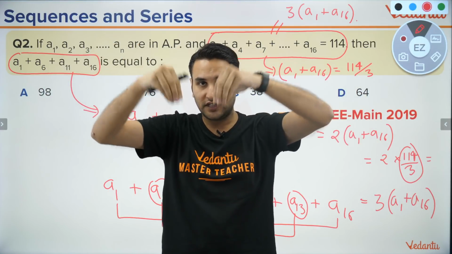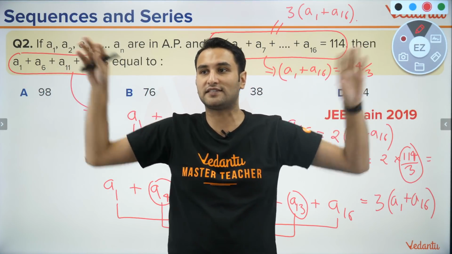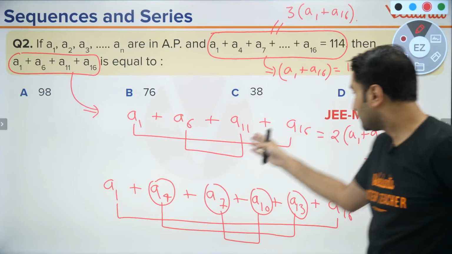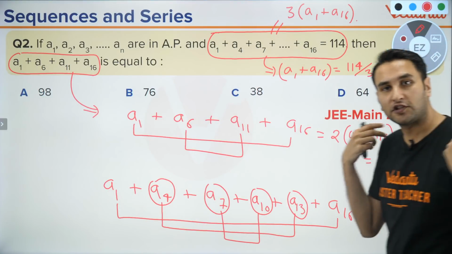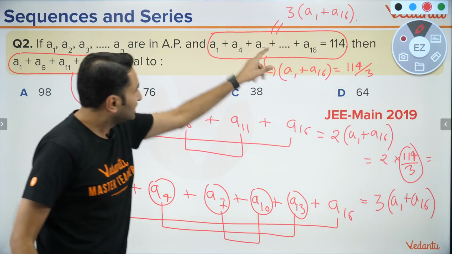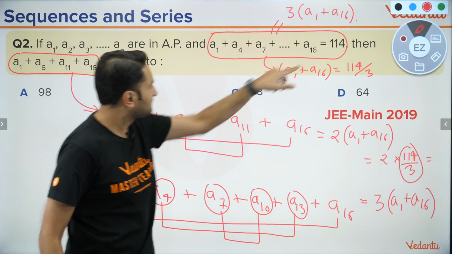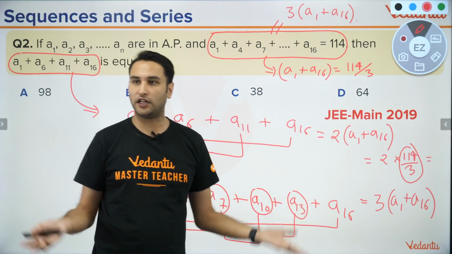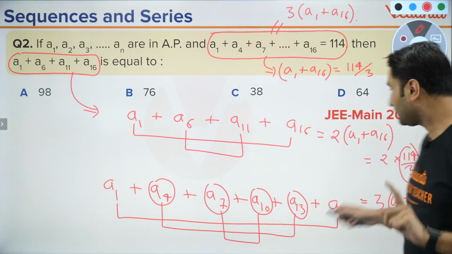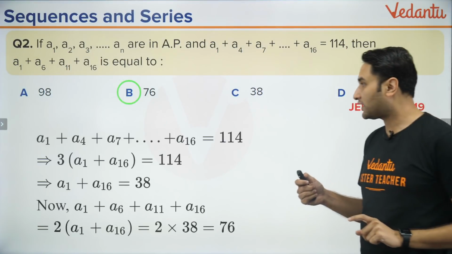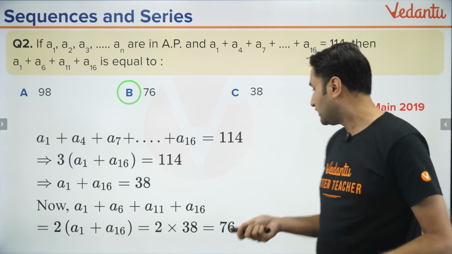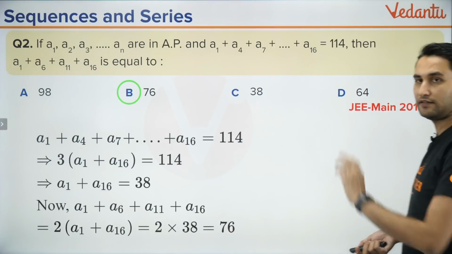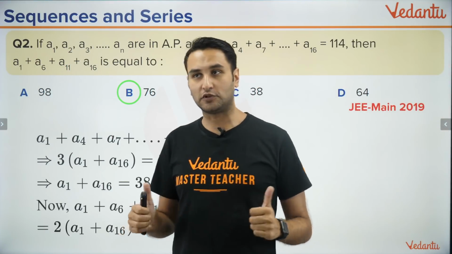All these sums are same. Very very simple. इसको देख के लिखा 3 times this, इसको देख के लिखा 2 times this. That's the answer. दो लाइन में हो गया, right? So if your concepts are clear, problem becomes laddu. Answer is 76. Awesome. समझ में आया कि नहीं आया?